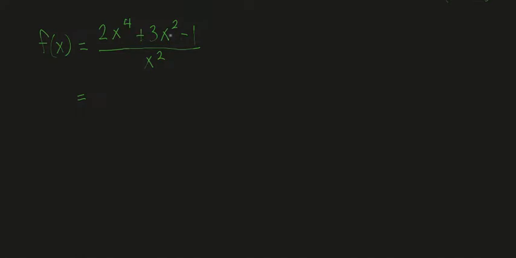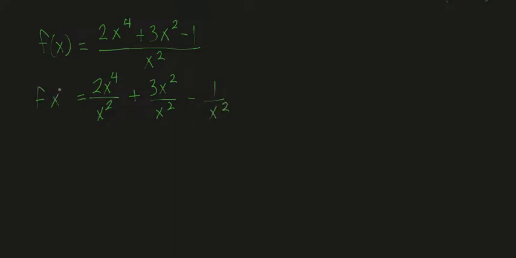When we have plus or minus operators on the top of our fraction, we're able to separate the fraction by splitting up each term on the top divided by the denominator. So we'll have 2x to the power of 4 divided by x squared plus 3x squared divided by x squared minus 1 over x squared.